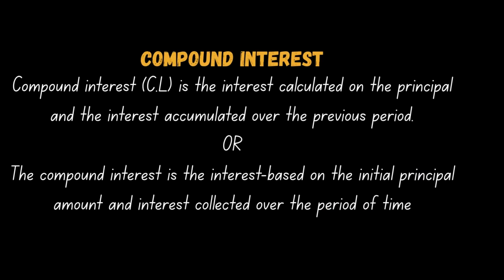And the next is compound interest. Compound interest is the interest calculated on the principal and the interest accumulated over the previous period. Or the compound interest is the interest based on the initial principal amount and interest collected over the period of time.